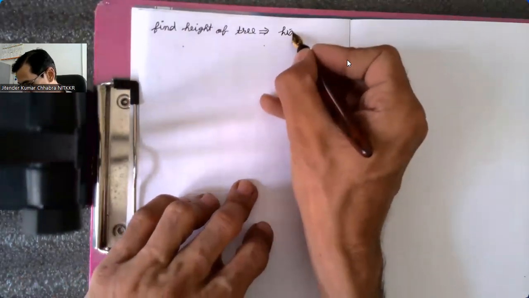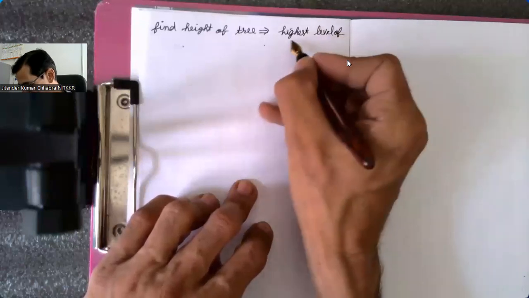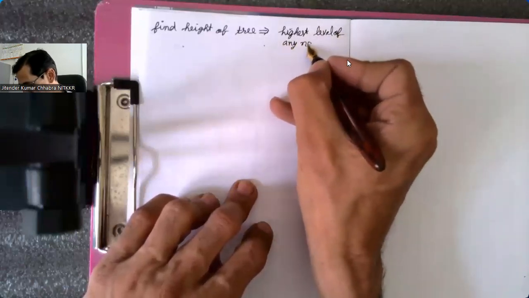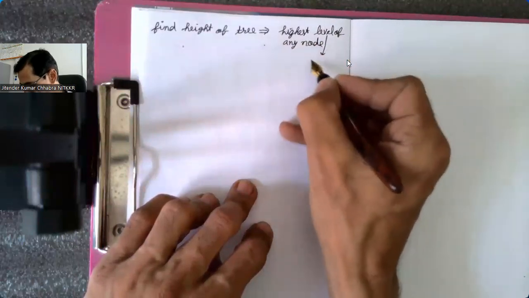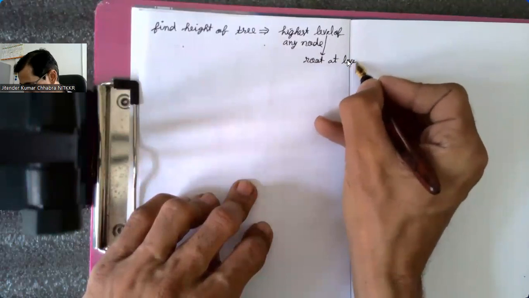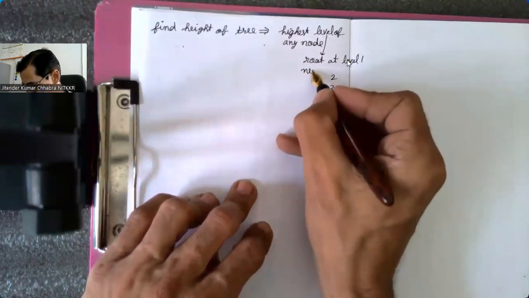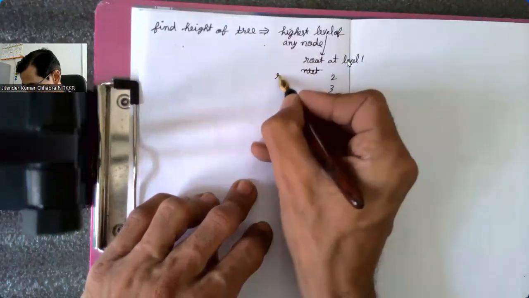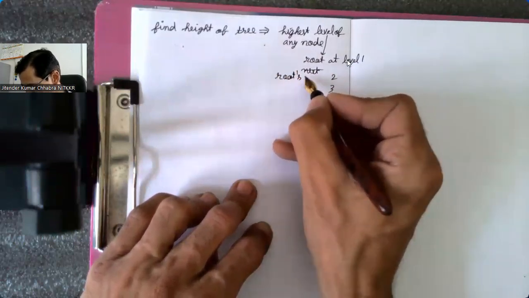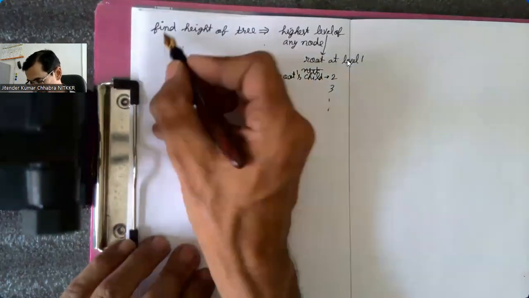Highest level of a node, we have already decided, any node. And level means what? Root is at level 1. And other nodes have similarly level 2, 3, and so on. Roots children are at level 2. Further children at level 3, and so on.